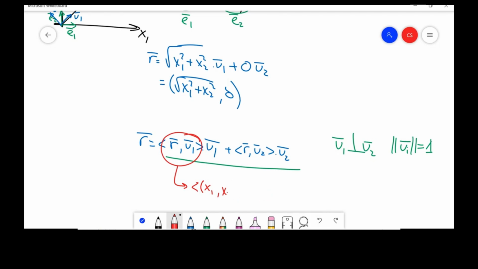Let's say x1, x2 of the vector A with x1, x2 of the vector B. So you have vector A, vector B, you have the x1, x2 components. And then the dot product is this one: x1a x1b plus x2a x2b. So this is the usual way we define the dot product, right?